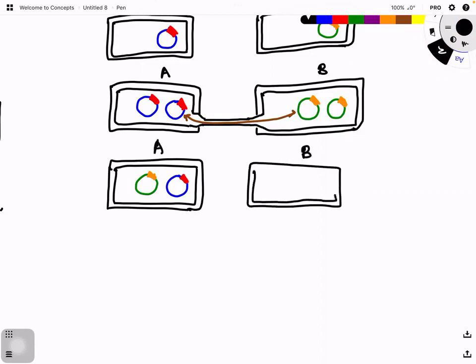Can you see that? Are you clear? So gene transfer is complete. This one is called horizontal gene transfer.